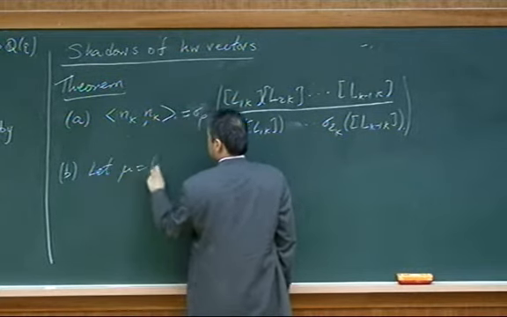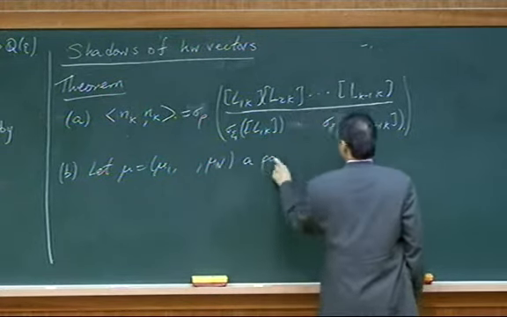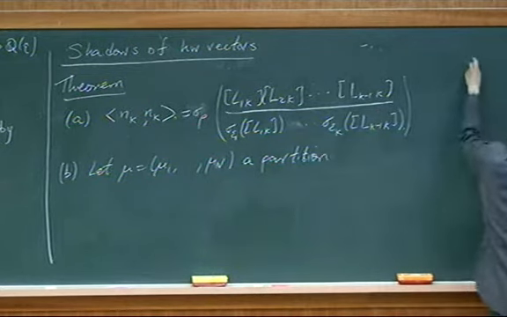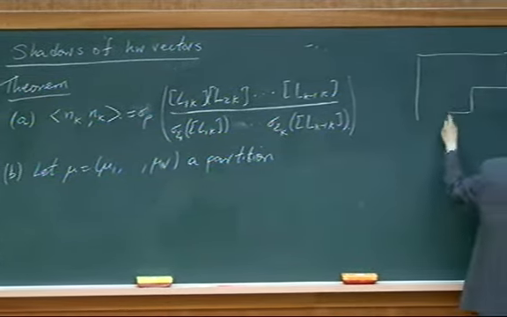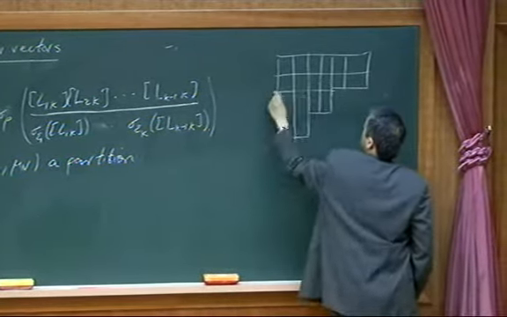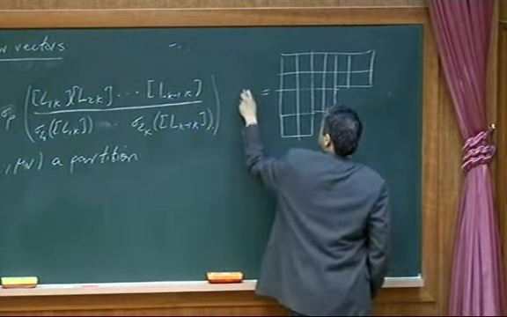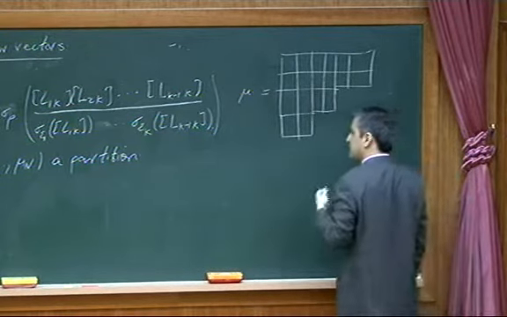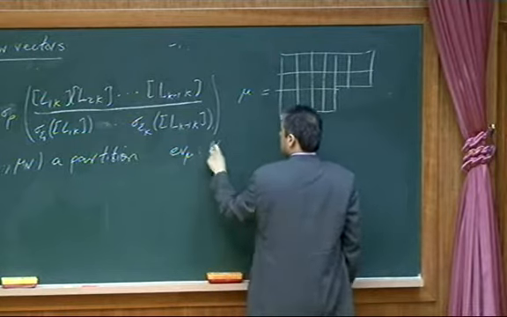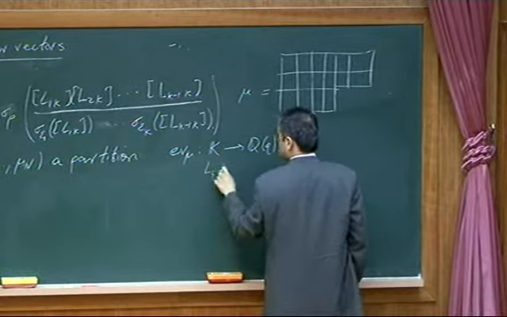Let me let mu be a partition. So here's my mu, and I have these evaluation maps. So mu i is the number of boxes in row i. And remember, evaluation at mu will send me to ordinary fractions.